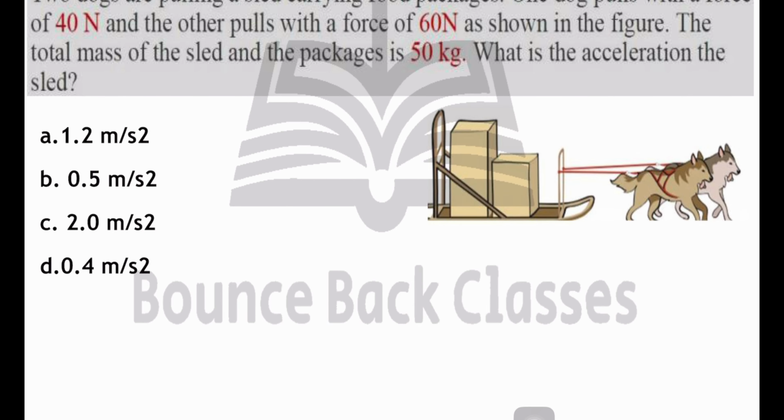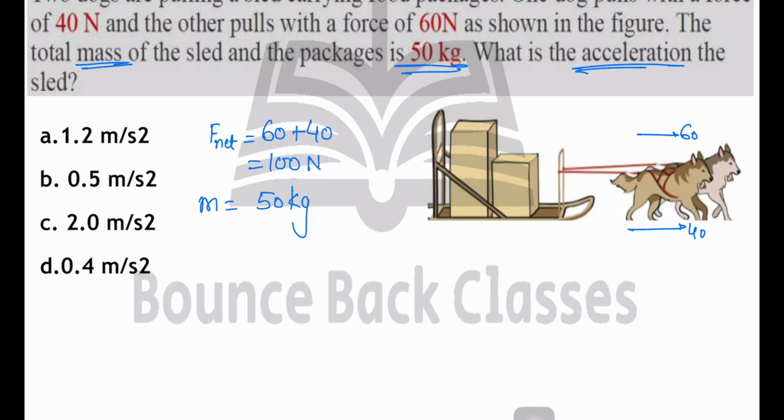Okay, next question. Two dogs are pulling a sled carrying a food package. One pulls with 60, the second with 40. So what is the F net? F net is 60 plus 40, which is equal to 100 newtons. Mass is given as 50 kg.